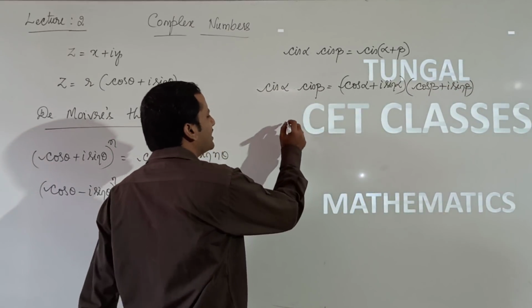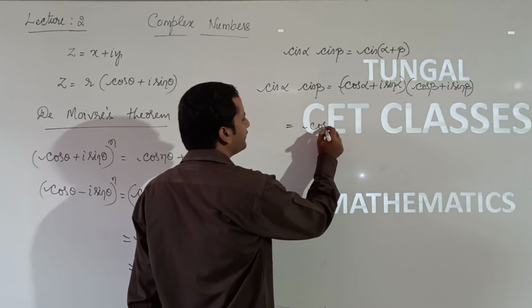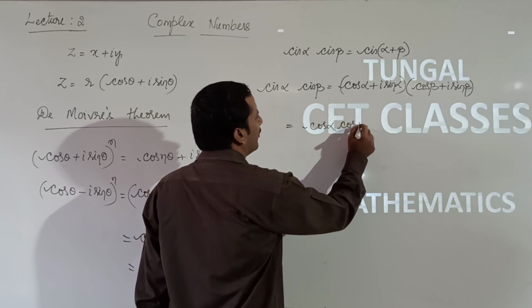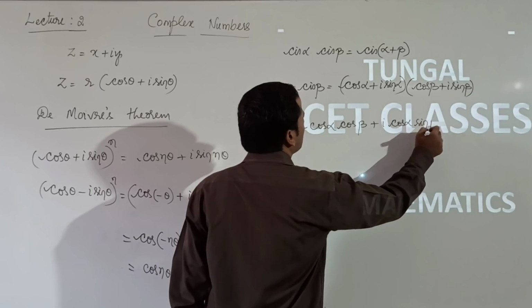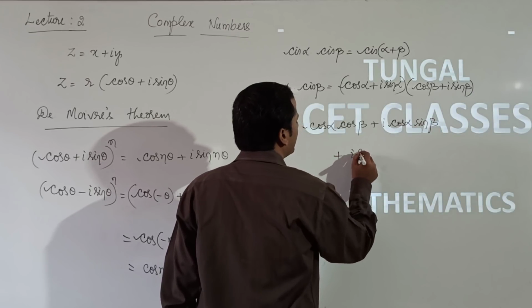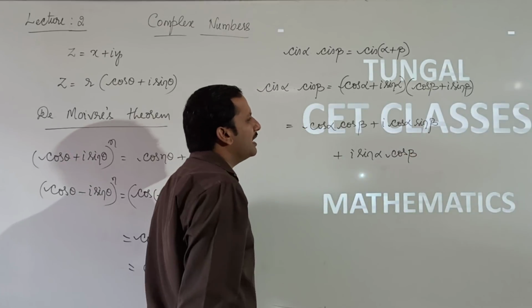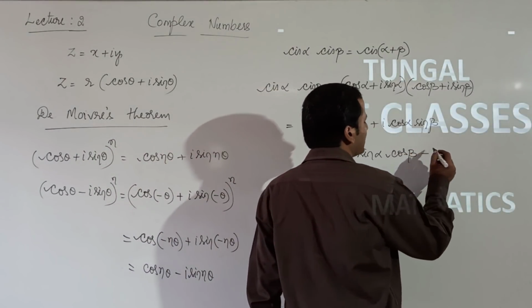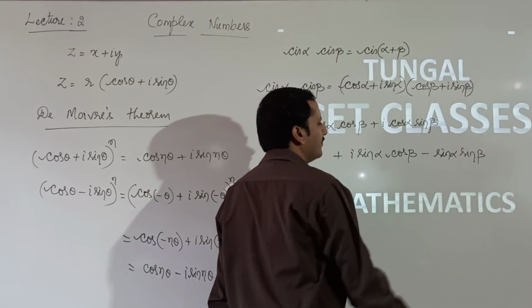Okay, that's equal to, now you multiply, cos alpha cos beta plus i into cos alpha sin beta plus i into sin alpha cos beta plus i square sin alpha sin beta. I square is minus 1, so this will become minus sin alpha sin beta.